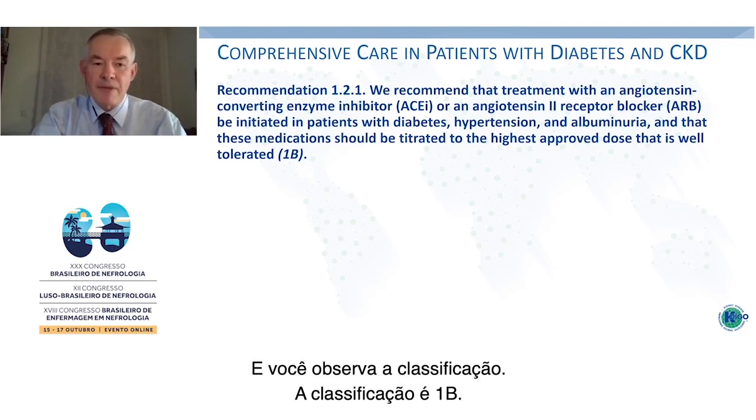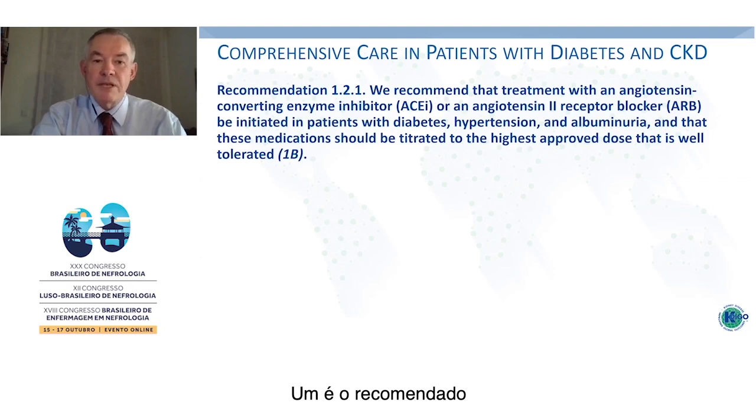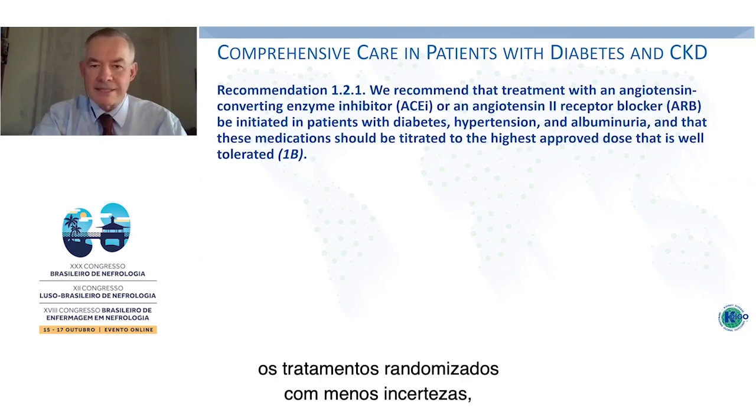The grading is 1B. 1 is we recommend, 2 is we suggest. And B is quite a high level of evidence, so it's close to the truth. The higher grading is 1A. So 1B, with the studies we have, the randomized treatments with less uncertainty, is nearly a recommendation which is very strong.